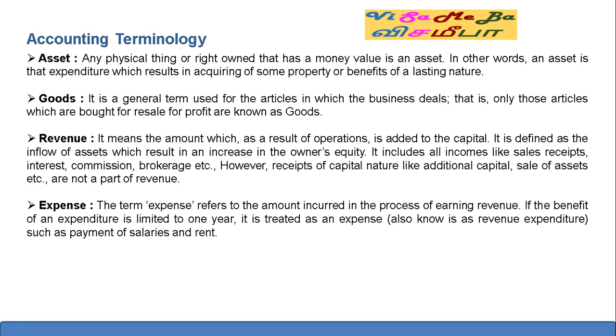Expense. The term expense refers to the amount incurred in the process of earning revenue. If the benefit of an expenditure is limited to 1 year, it is treated as an expense. For example, payment of salary, rent are all expenses.